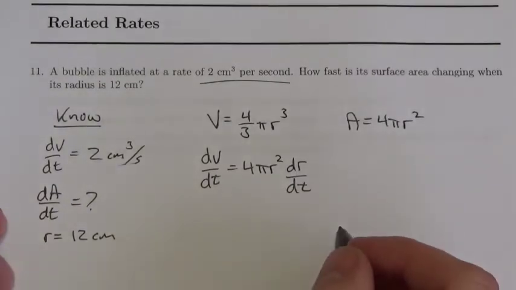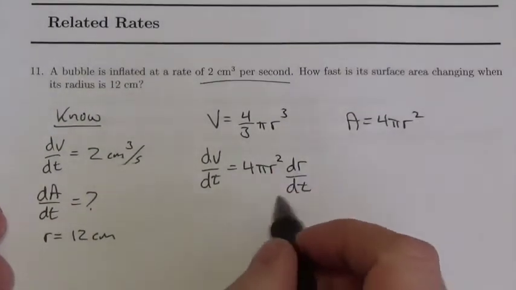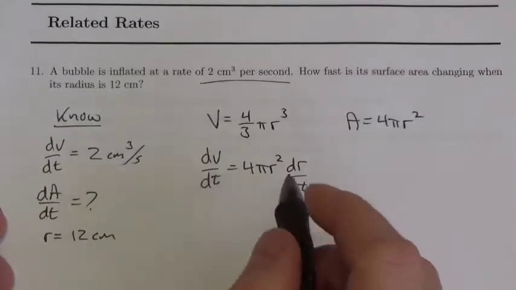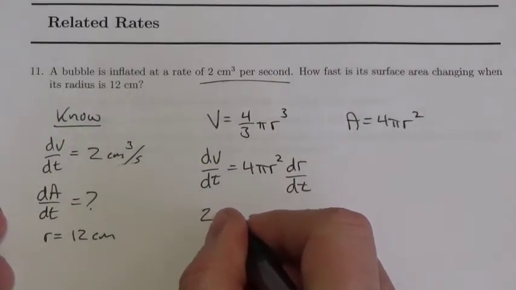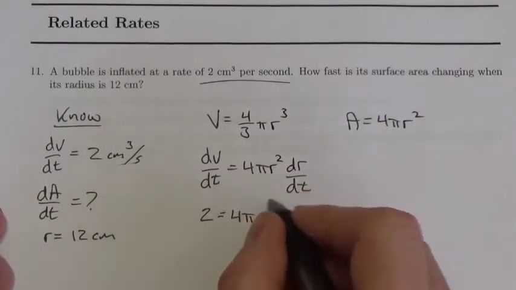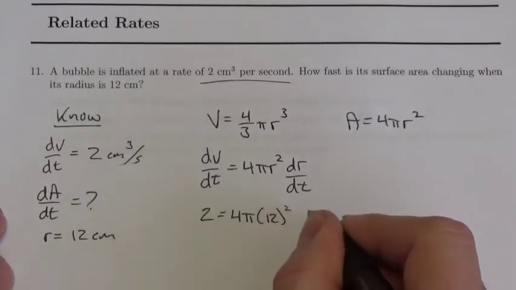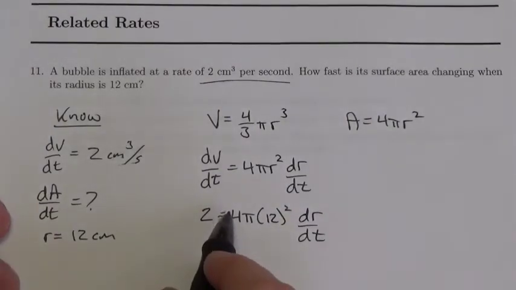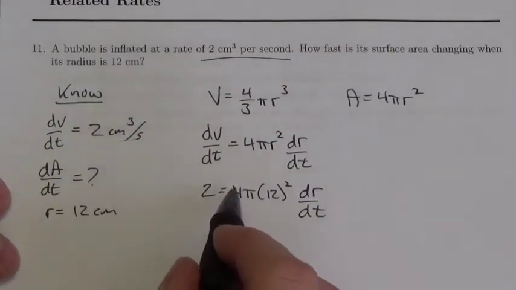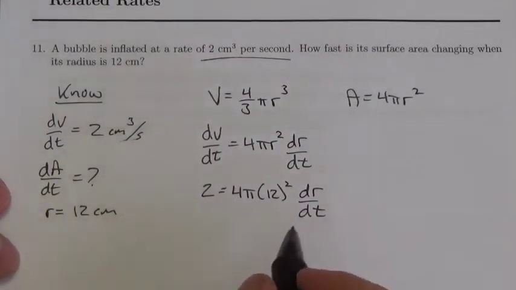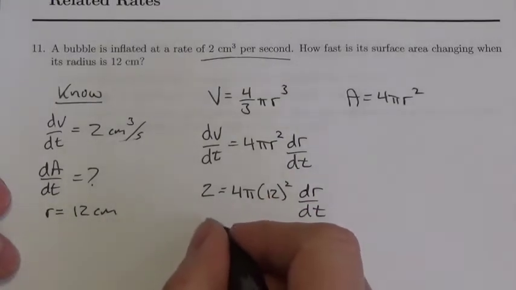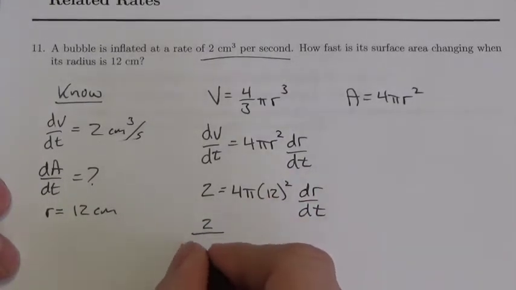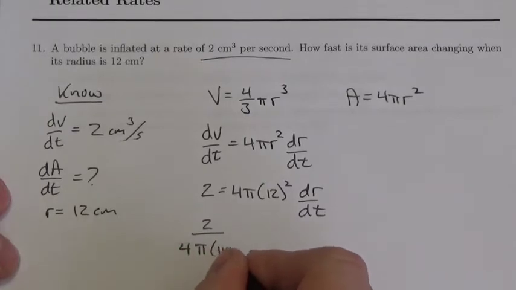Now I can manipulate this to figure out what dr by dt is, though. That's the one unknown that I've got. I know that this is going to be 2 equals 4 pi times 12 squared times dr by dt. When I divide, I'm going to bring this part down here. Now 12 squared is 144.